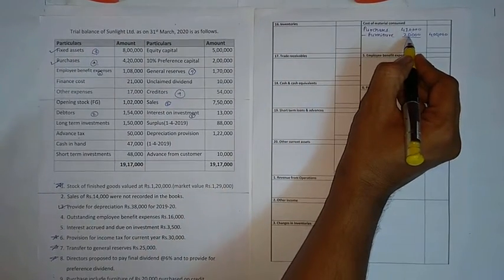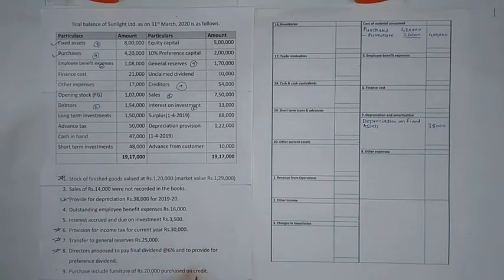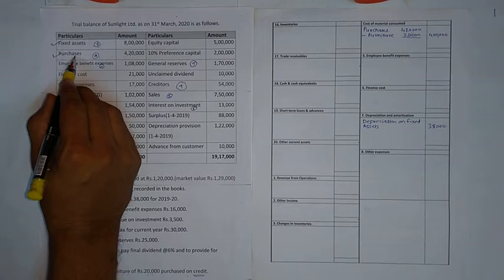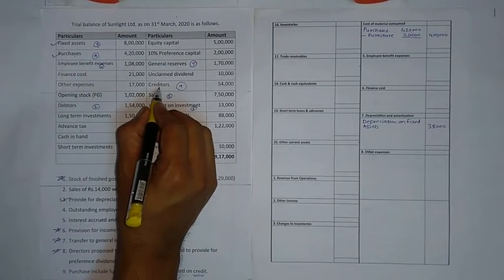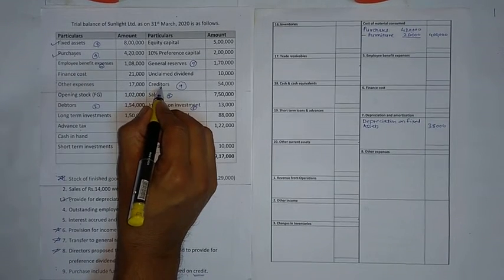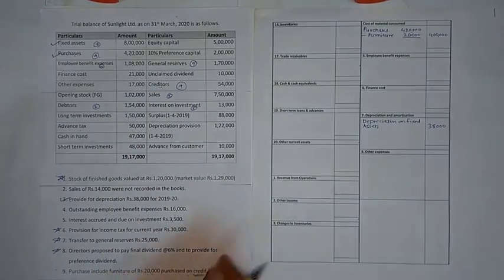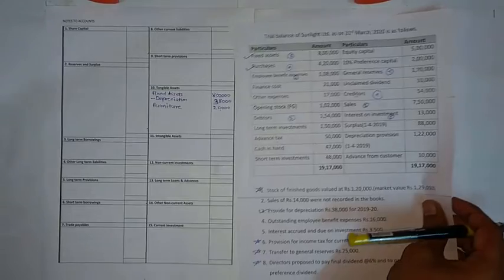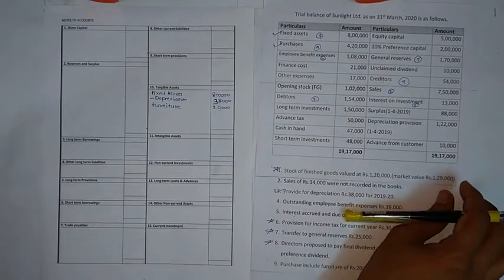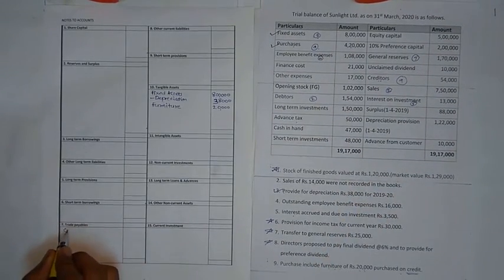purchases. But one more information is given. These are purchased on credit. So all purchases which are on credit are considered as creditors, but these are creditors for goods only, and this furniture is also purchased on credit. So we should allocate this at the time of showing in trade payables.